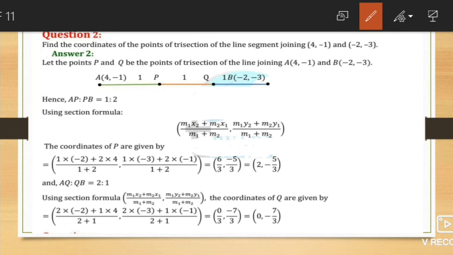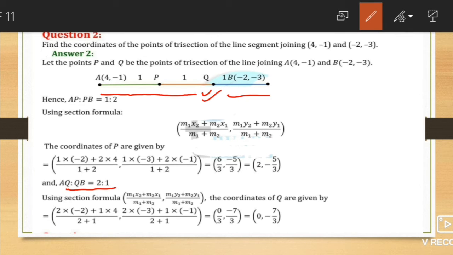Now if you consider point Q, as you can see in the figure, Q divides this line segment AB in the ratio 2:1. Why? Because there are 2 parts on the left hand side of Q and 1 part on the right hand side of Q. So that's why Q divides this line segment in the ratio 2:1.